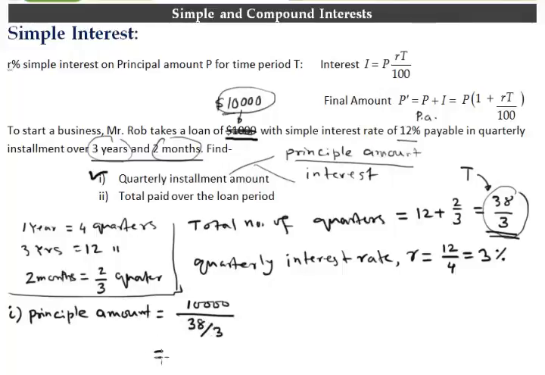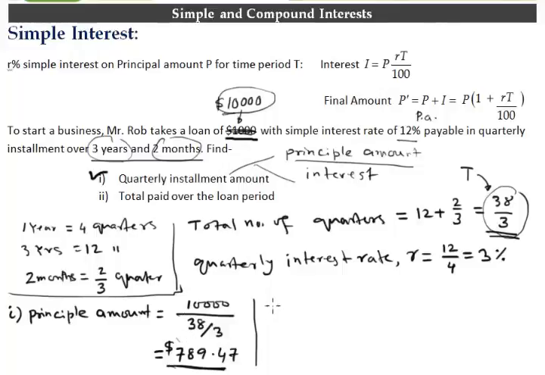If we calculate this, we will get $789.47. So this much principal amount he will be paying on each installment.